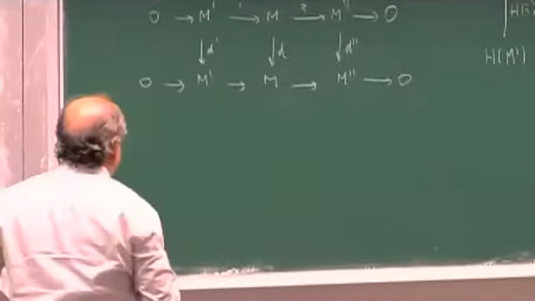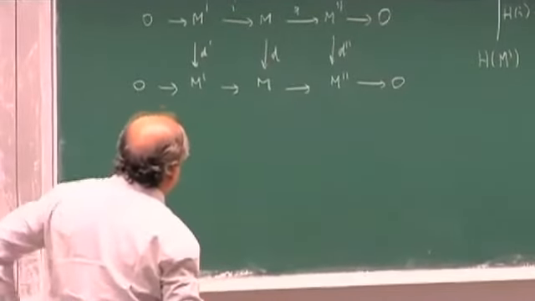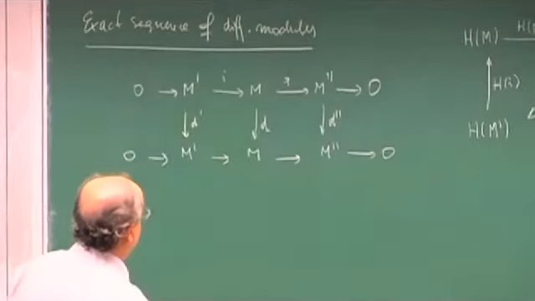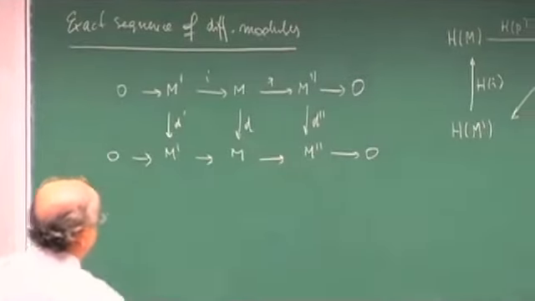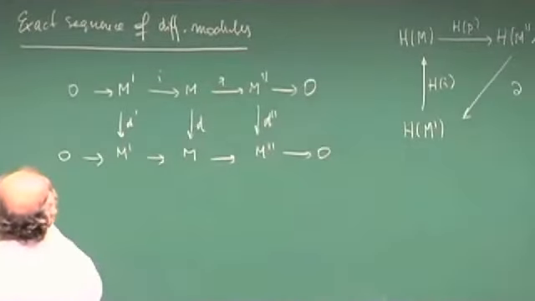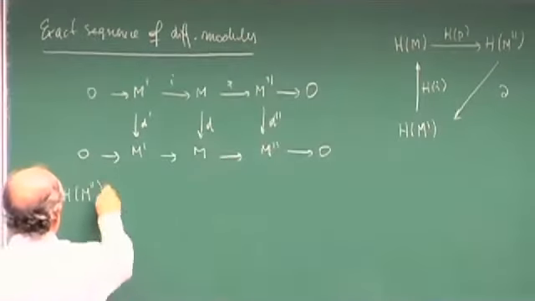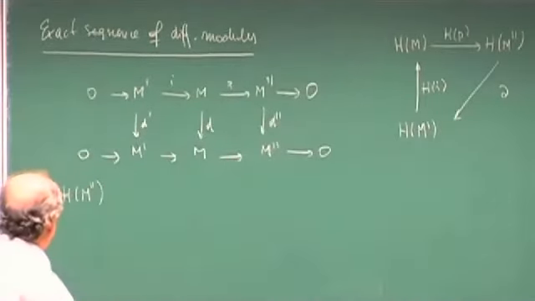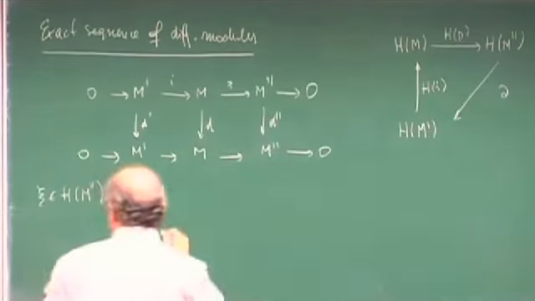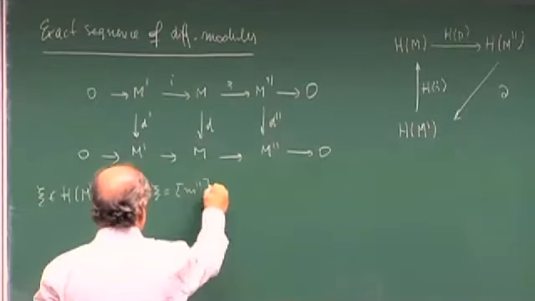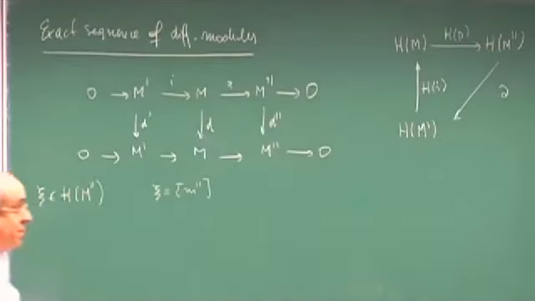The idea is that you simply use this diagram. You start from an element in the cohomology of M double prime. So this psi is an element in a quotient, so you can represent it with some element in the module M double prime.